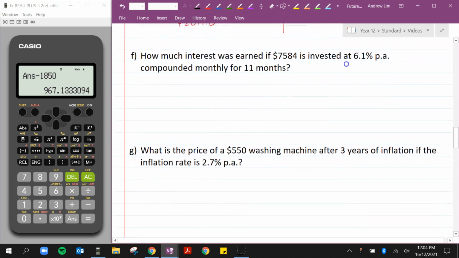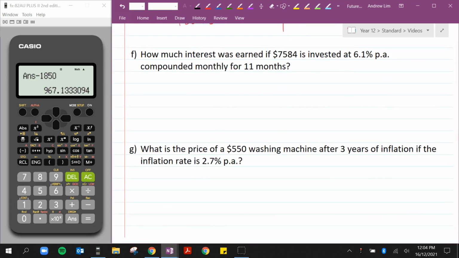Okay, question F. How much interest was earned if $7,584 is invested at 6.1% per annum, compounded monthly for 11 months? So compound interest, so we need to use the future value formula.